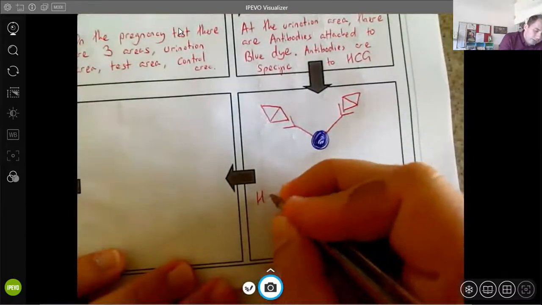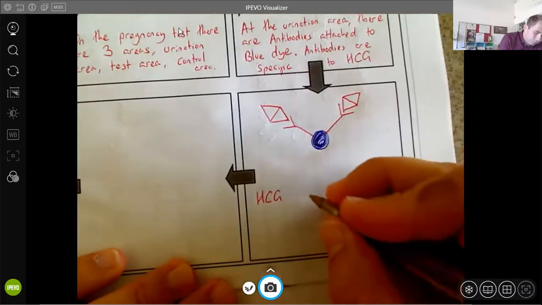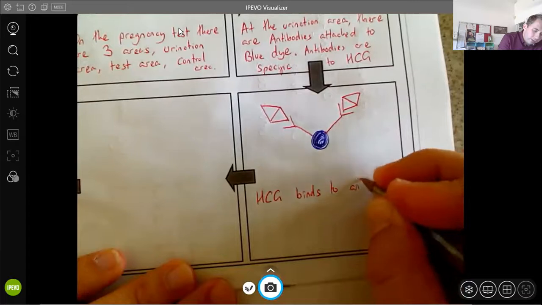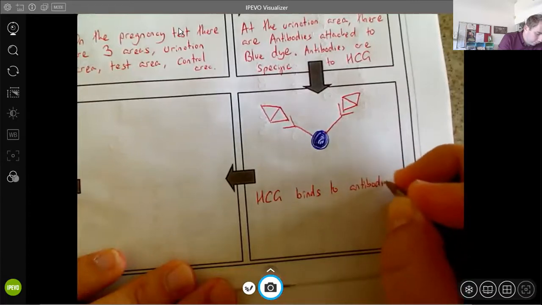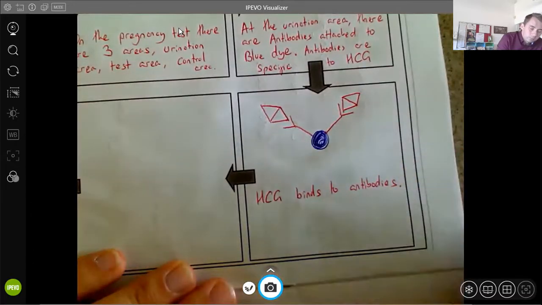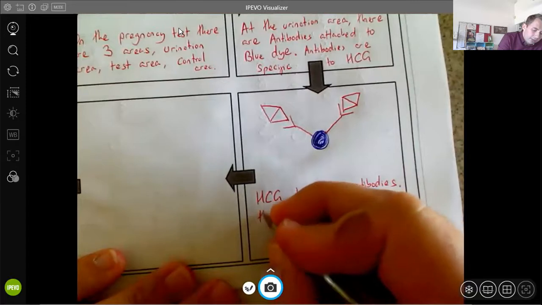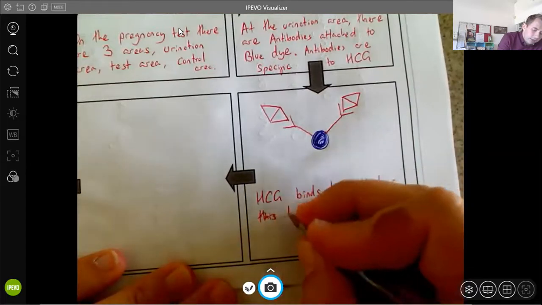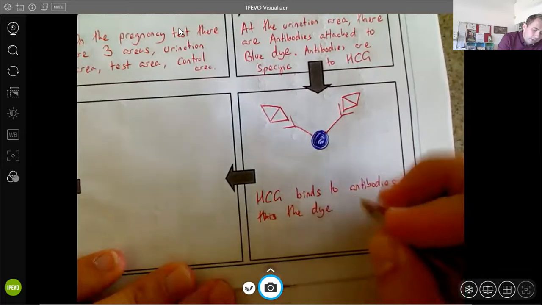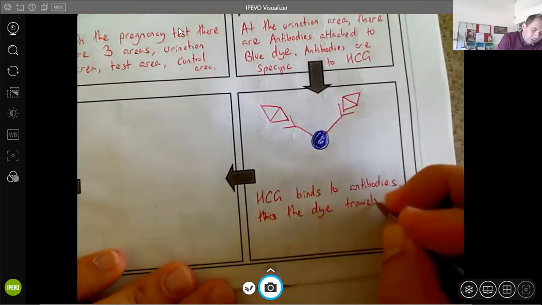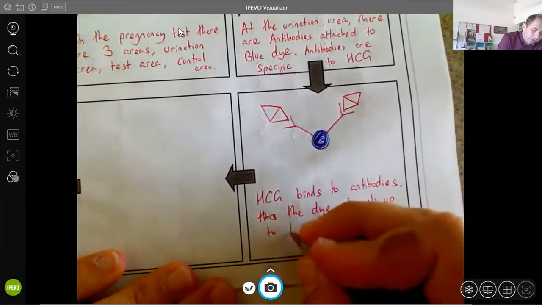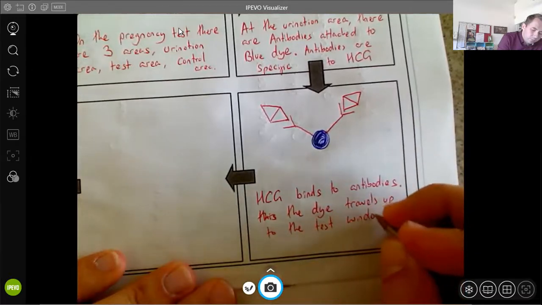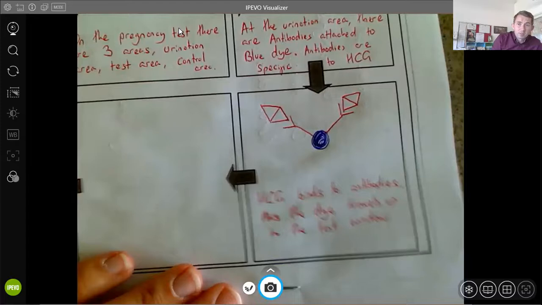So HCG binds to antibodies, and the dye travels up to the test window by diffusion. So the dye is now traveling up with the antibodies.